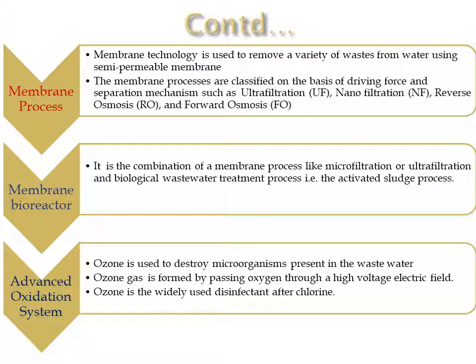That ozone destroys the microorganisms that are present in the wastewater, and ozone gas for carrying out that process is formed by passing oxygen through a high voltage electric field. So in this way ozone is generated and is used as a disinfectant, and that disinfectant destroys all the microorganisms present in the wastewater and makes the water microbe free.